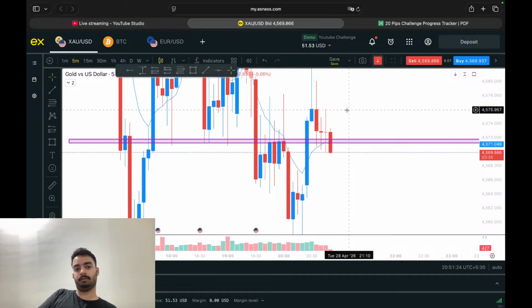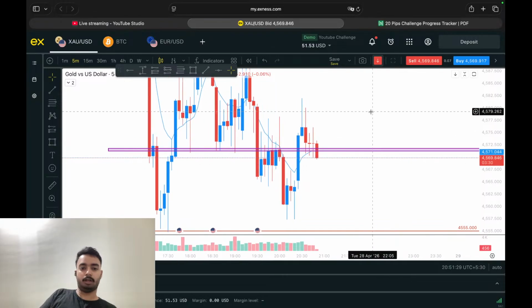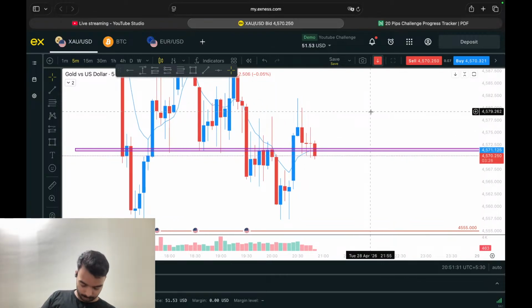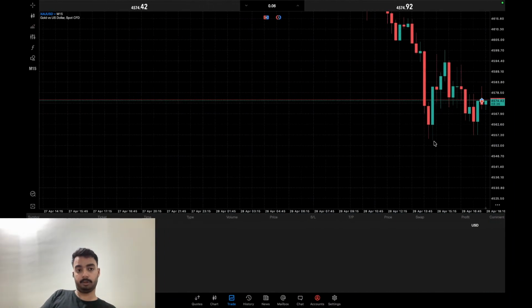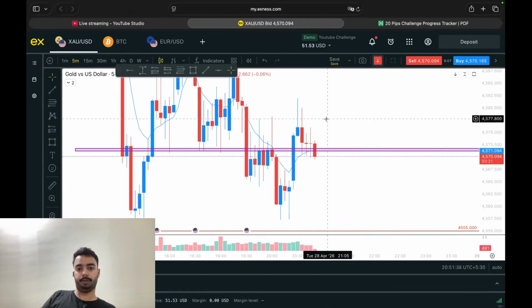Our SL will be small and we'll enter with higher volume this time for a quick scalp. So let's wait.